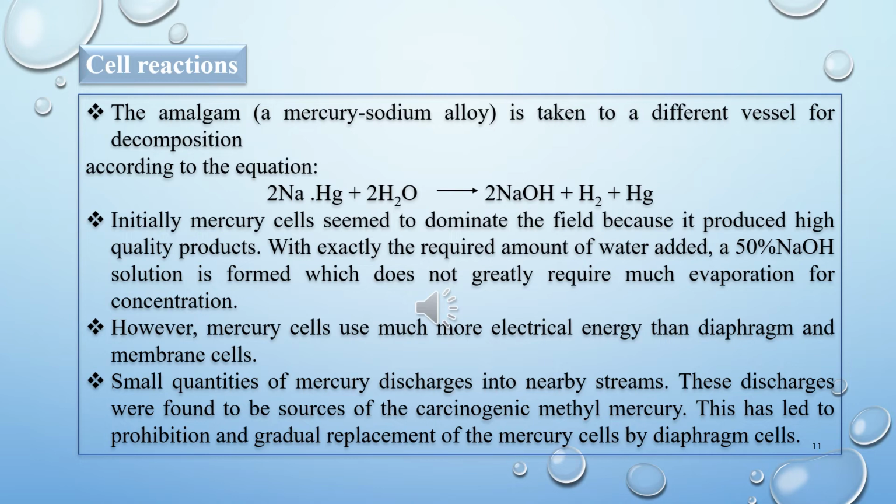Now, what will be the reaction equation? Here in the figure, you can see that sodium and mercury, which is also known as mercury sodium alloy or the sodium mercury amalgam, will react with water and form sodium hydroxide, hydrogen and mercury.